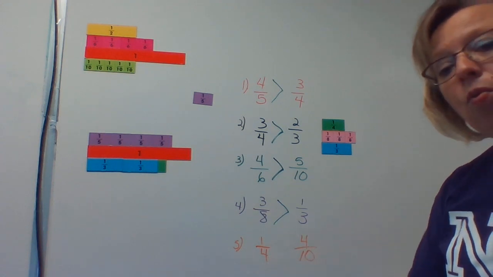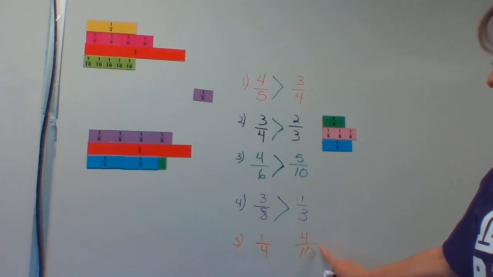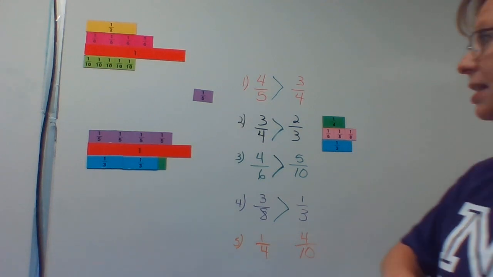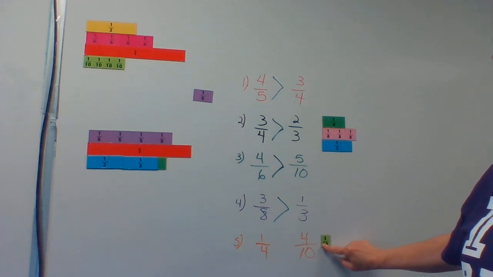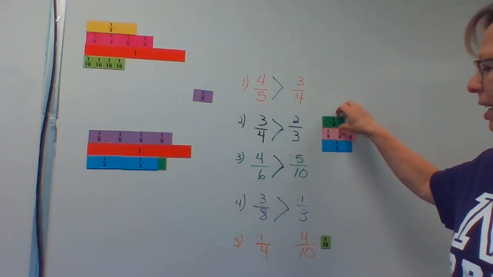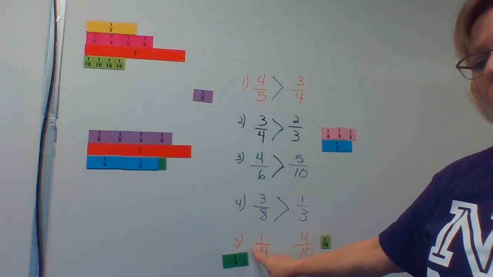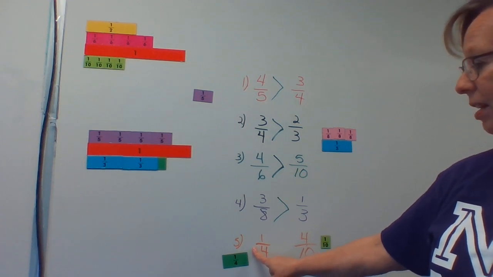Here I'm looking at 1/4 and 4/10. Well, this is really close to 1/2. I would only need 1/10. I just need one of these to make 5/10, which would be a half. 1/4, I'm going to need one more of these to make 2/4, which would be half.